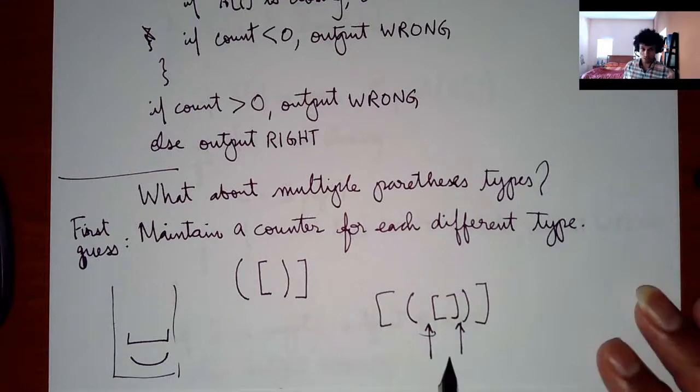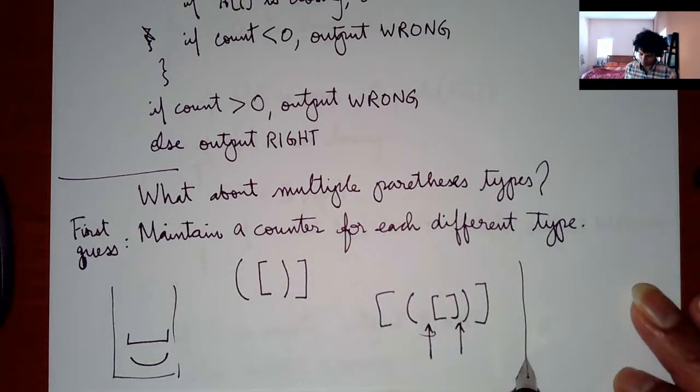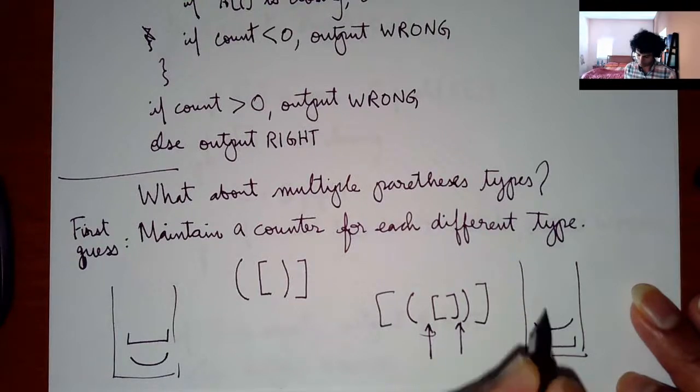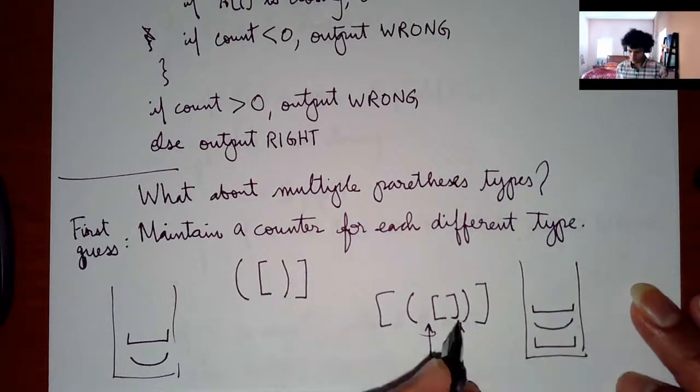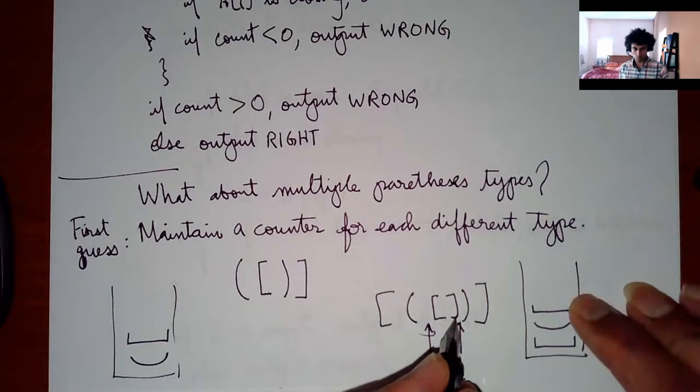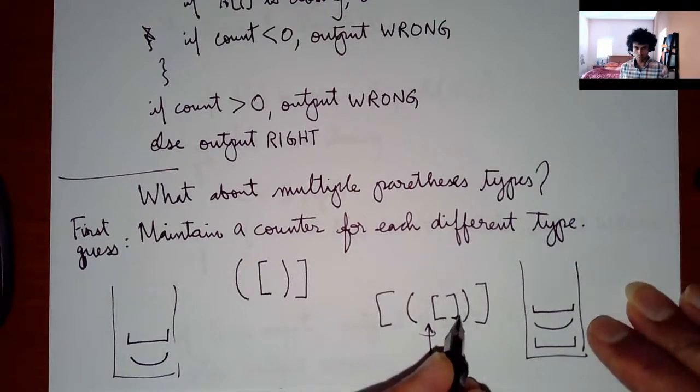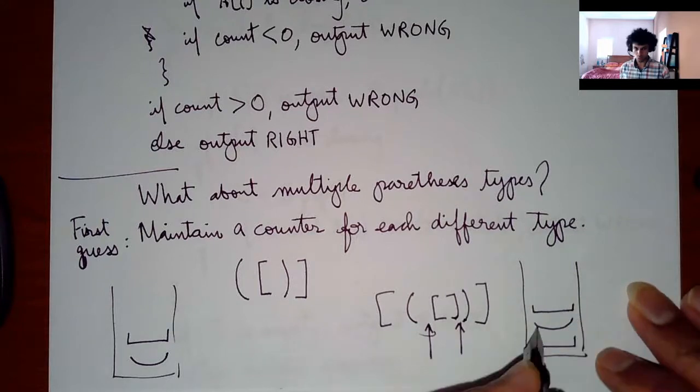In this case, if you look at what the stack is doing, it's going to push this, push this, push this, then that is going to match up with that. They pop. This closing parenthesis is going to match with this opening parenthesis, and they will pop, and this will pop.